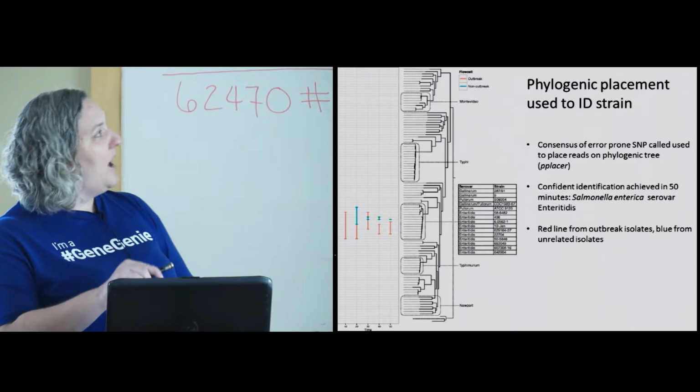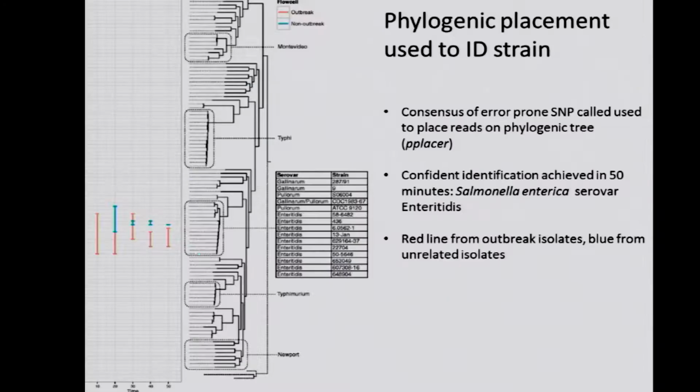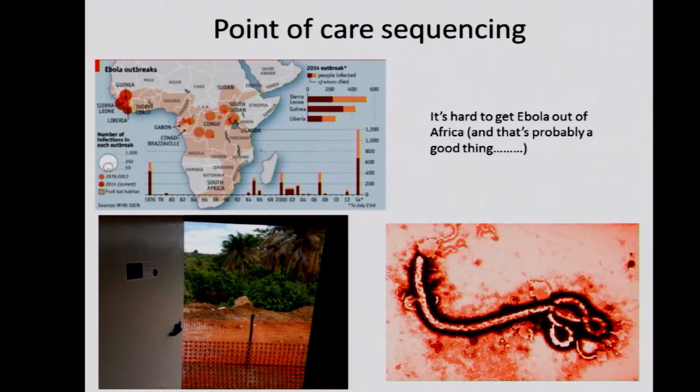So over about an hour's period of time, they were able to narrow down on this phylogenetic tree Salmonella enterica serovar Enteritidis as their outbreak strain. That's the red. The non-outbreak strain is actually distinctive. These are confidence bars, no confidence, no confidence. Now we start seeing a much more confident selection of those particular strains for both outbreak and non-outbreak.